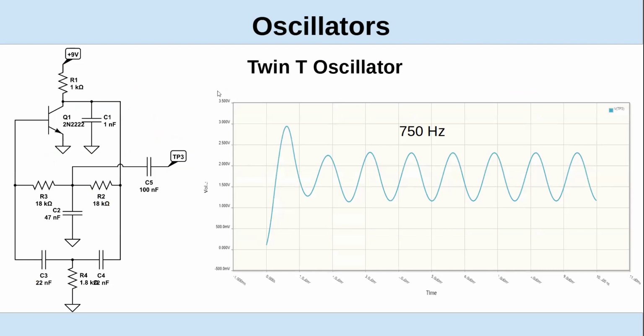Here's an example of what they call a twin T. It's using 2 different phase shift networks, a low pass and a high pass, to generate the feedback.